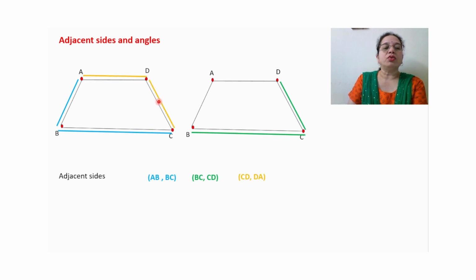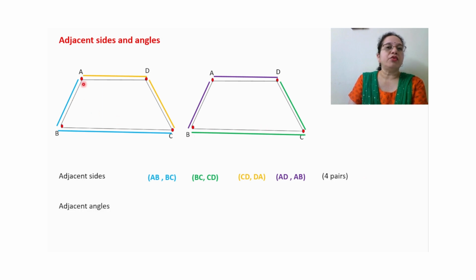CD and AD are adjacent sides, and similarly AD and AB are adjacent sides. Adjacent sides means nearby sides with a common vertex. So here we are getting four pairs of adjacent sides.